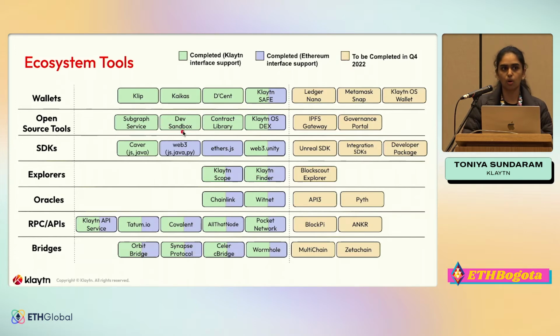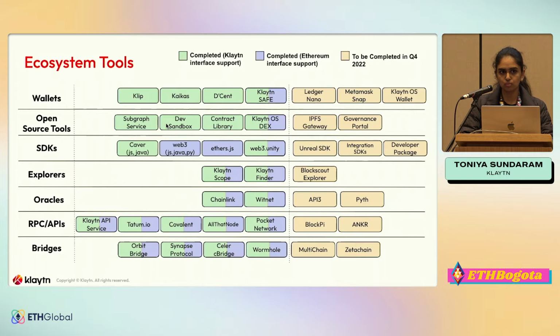And we also have Dev Sandbox. This has all the boilerplate code for you to build something interesting. We have the boilerplate code to import all the contract library and deploy on Klaytn network. And we have also the front-end boilerplate code, which can connect to the MetaMask wallet or the in-house Kaikas wallet. And we also have some boilerplate code to use the Caver SDK and Web3 SDK.